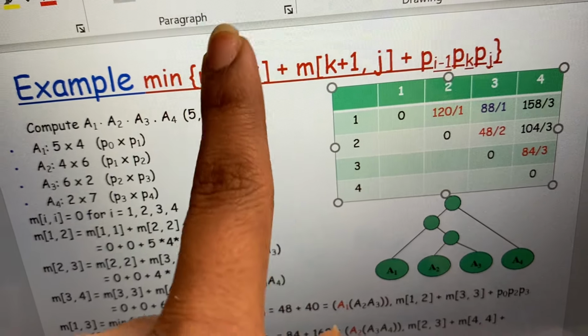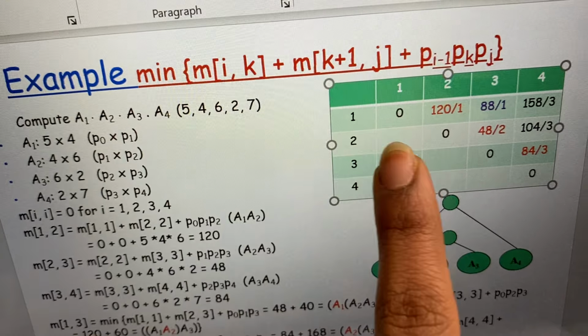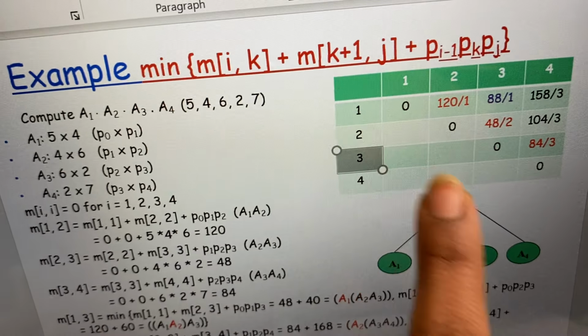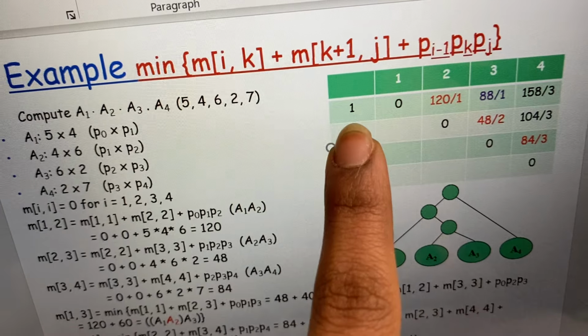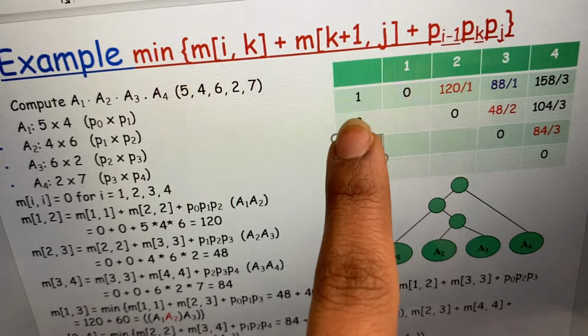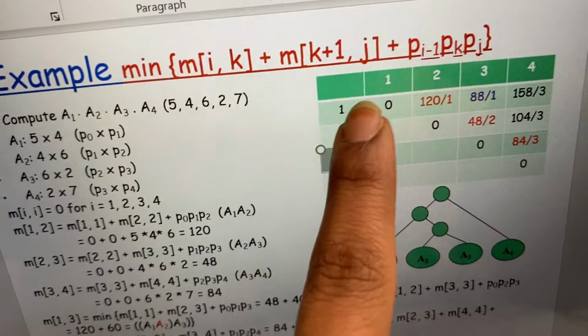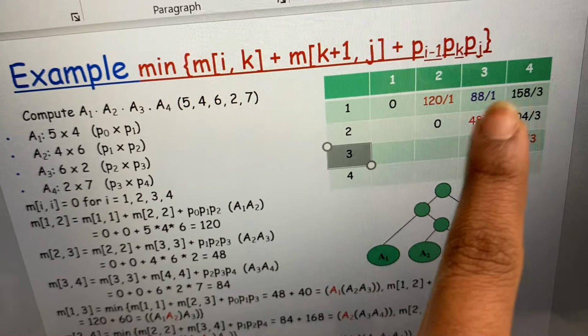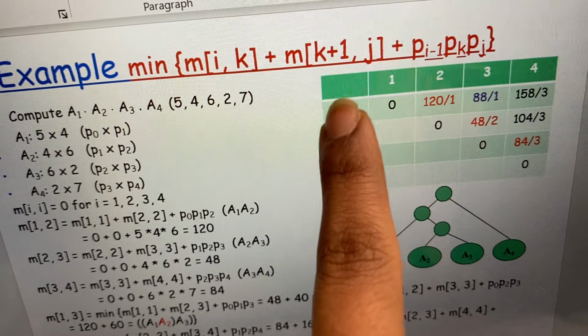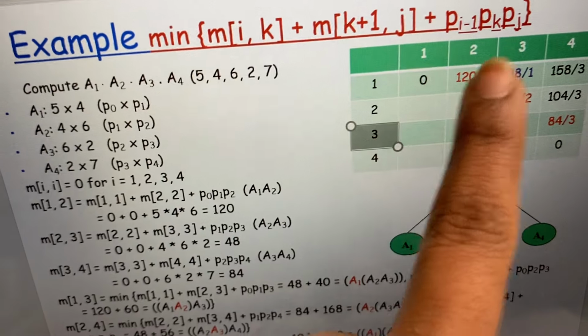We need to take the articulation point from the parenthesis point where you are splitting the matrices. So if we are doing it for 1 comma 3, then the articulation will be from 1 and 2.